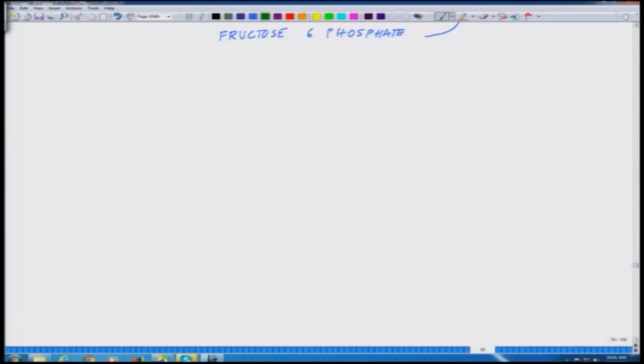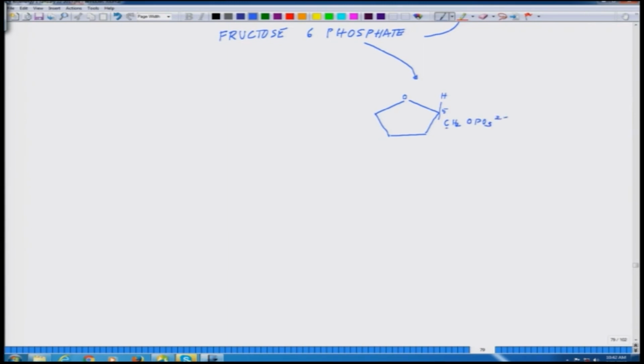Okay. Coming back to the slide. So you have this fructose 6-phosphate. If you see the structure of the fructose 6-phosphate, let's start from there. It's a 5 carbon chain. So you have the oxygen out here, you have hydrogen here, which is the 5th carbon, and you have the 6th carbon out here, CH2, O, PO3 2 minus.